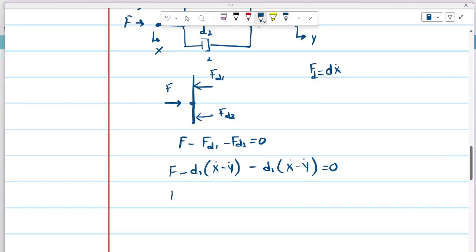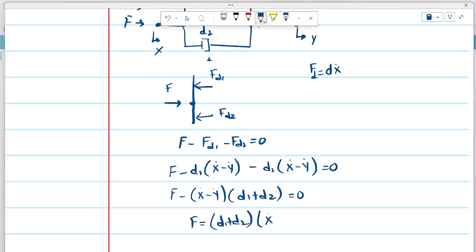Or you can take common x dot minus y dot, times d1 plus d2, equals 0, or F equals (d1 plus d2) into (x dot minus y dot). That's an equivalent damping coefficient.